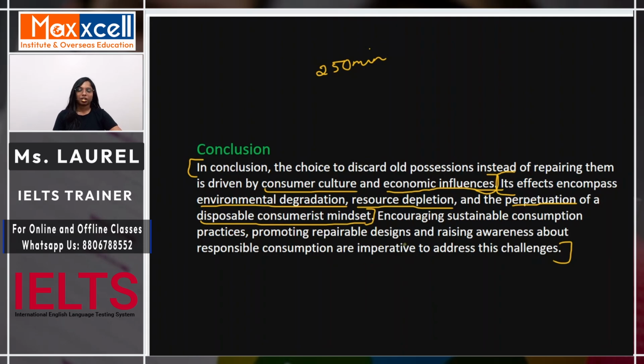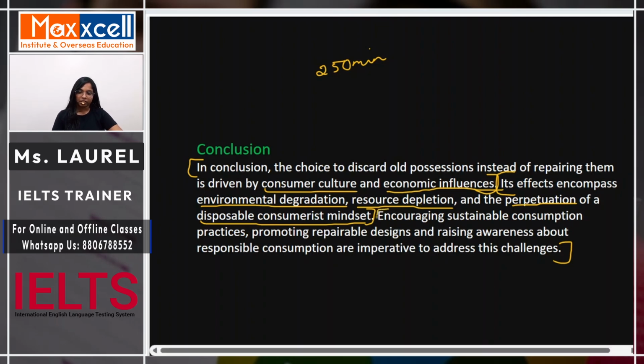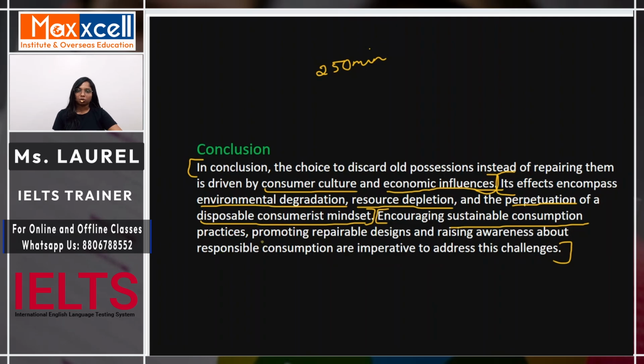Now what we are going to end up here with is the solutions, how to combat these two problems here. Okay, and here we can see encouraging sustainable consumption. Okay, teaching people that buy whatever you need, do not waste, all of these kind of things. Okay, repairing your products, making repairing accessible, making it easy, right?